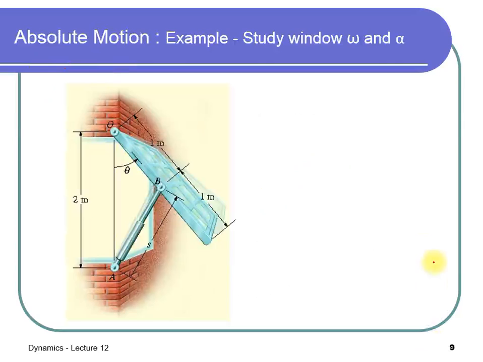Okay, this is another good example of how absolute motion analysis is applied to study the omega and alpha, the angular velocity of the window panel, with a hydraulic cylinder pushing up the window panel.